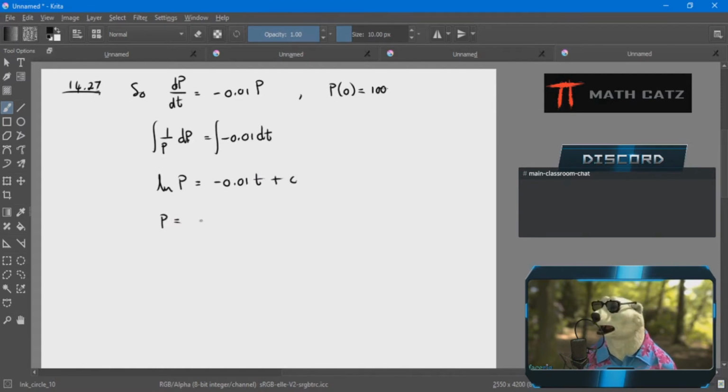So P is then e to the negative 0.01 t plus a constant, or I'm going to rewrite that as M for a more convenient integration constant. Then I'm going to use the fact that I start with 100%. It hasn't decayed yet at the start. So 100 equals M times e to the negative 0.01 times 0.